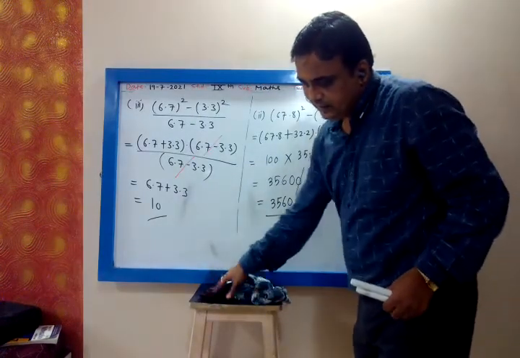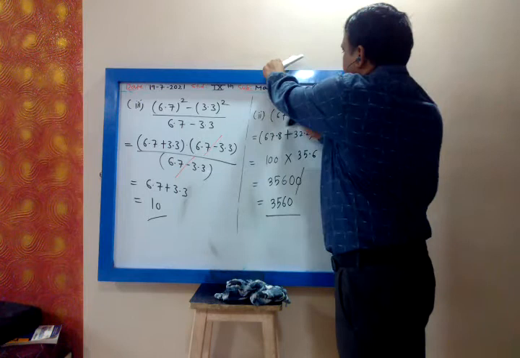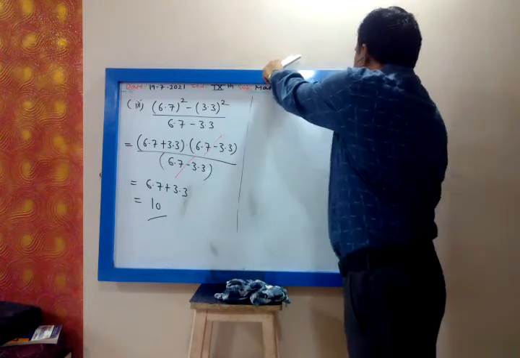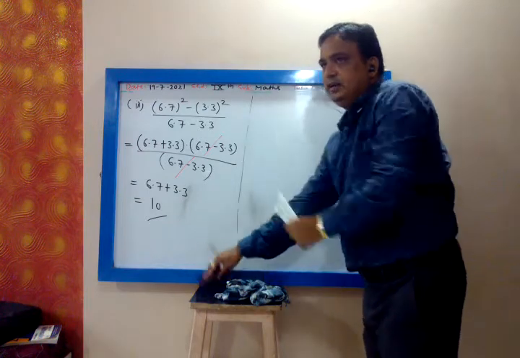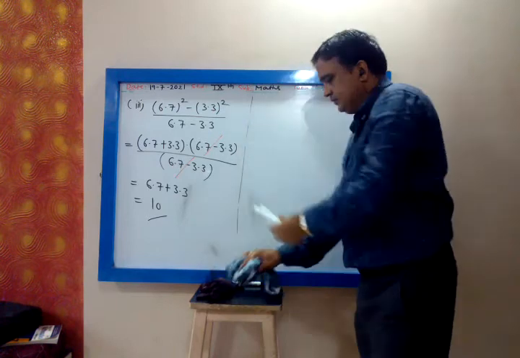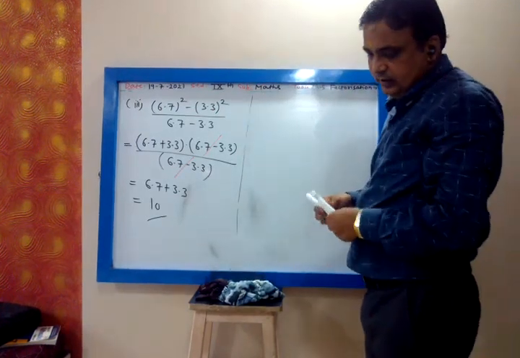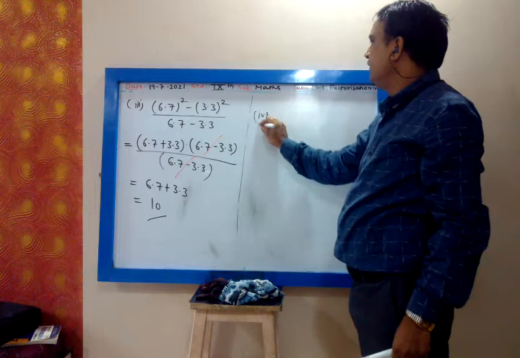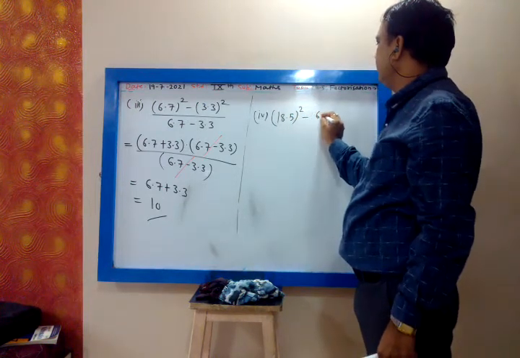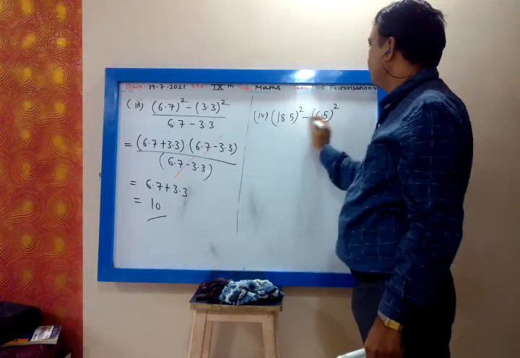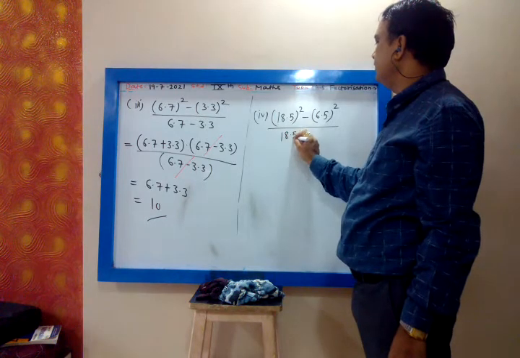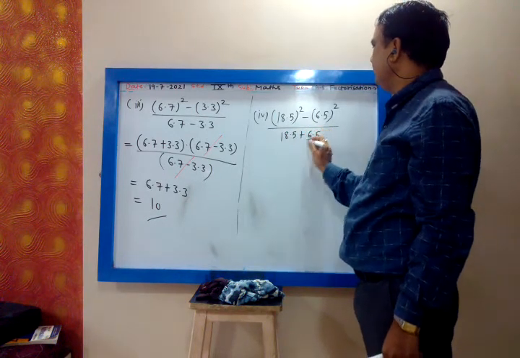Then 18.5 square minus 6.5 square upon 18.5 plus 6.5. Again a square minus b square.